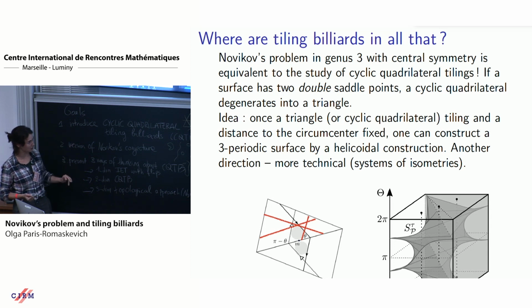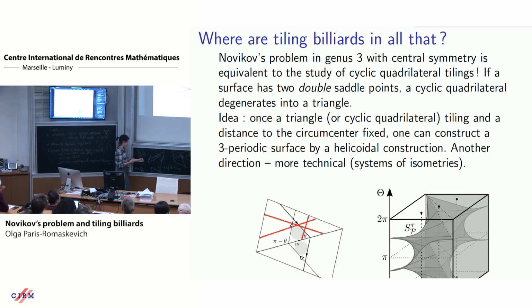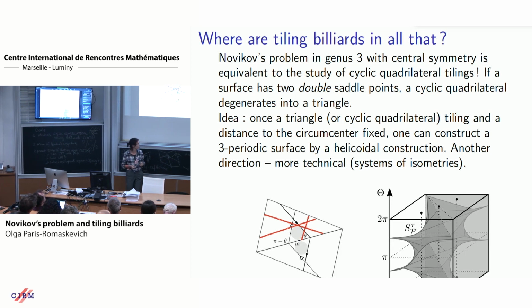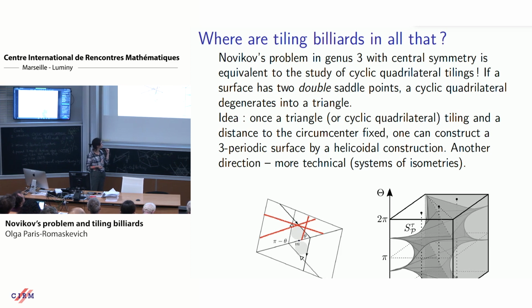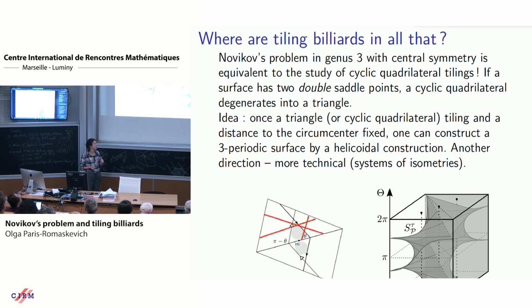This slide kind of explains the connection, how you go from a cyclic quadrilateral tiling billiard to a surface which enters the setting of Novikov's problem. The inverse direction is more technical, but it also can be done. So in some way, cyclic quadrilateral tilings are an elementary model to study Novikov's problem in genus 3 in the centrally symmetric case.